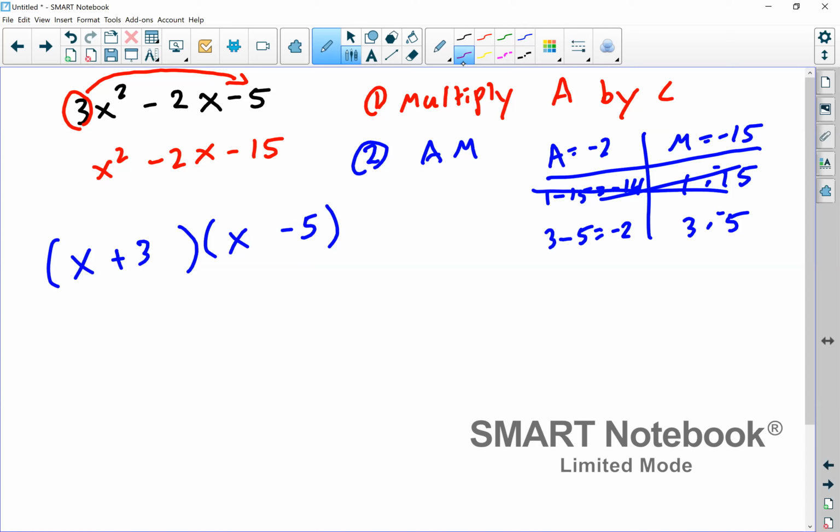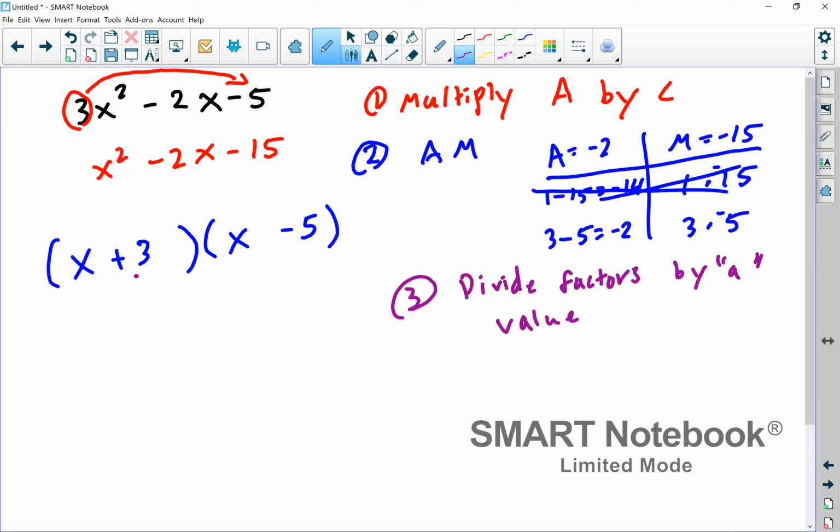Now here comes a weird step. Step 3: we're going to divide both of these factors by the a value. The a value in this case was our 3.